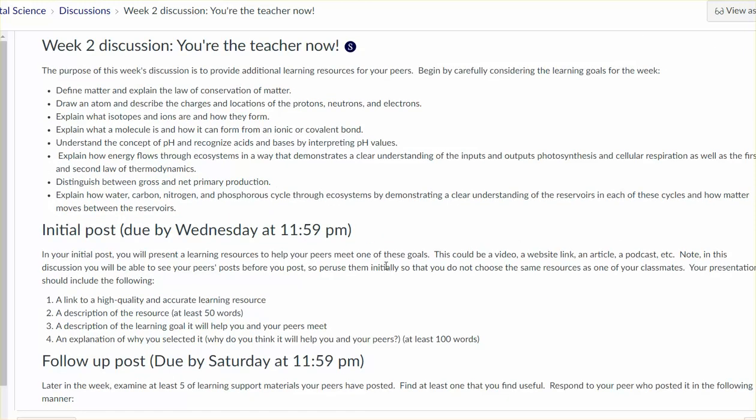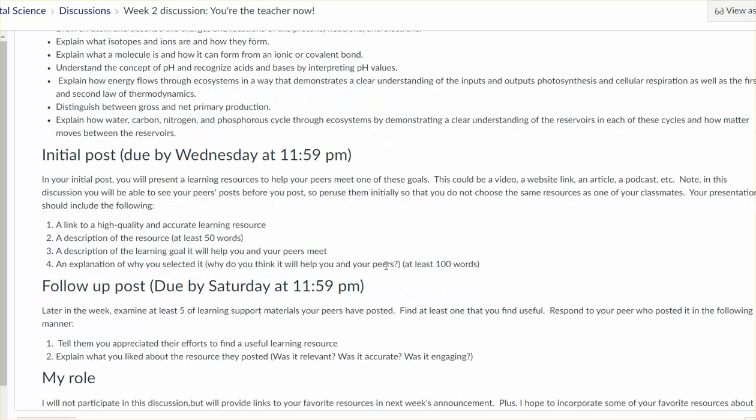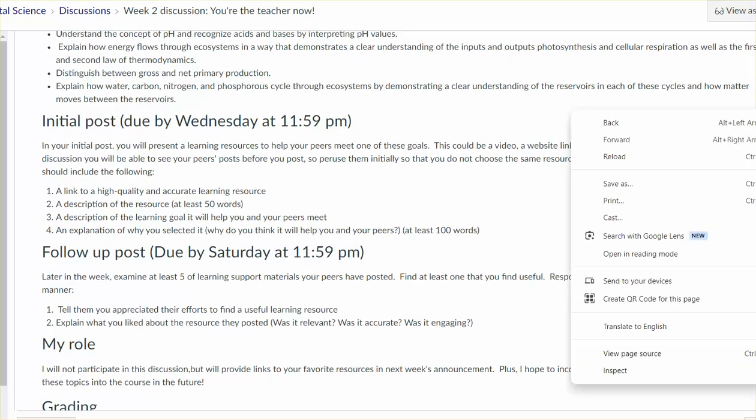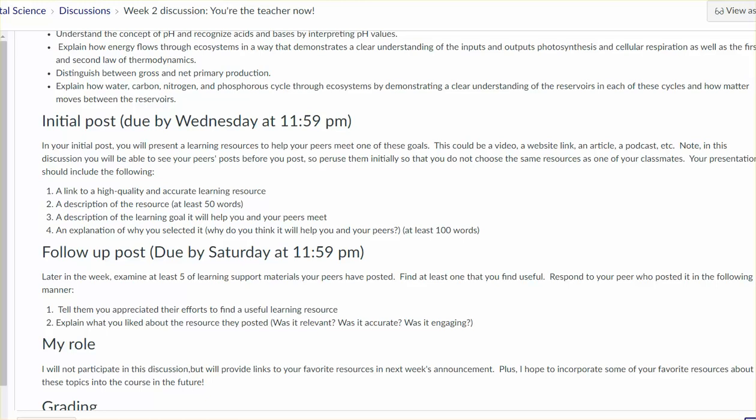So there's some specific instructions about what I'm looking for in your posts. Make sure to get your initial post up by Wednesday and then respond to your peers by Saturday. So I'm hoping that this becomes a rich resource with a lot of great learning tools in it that everybody can benefit from.